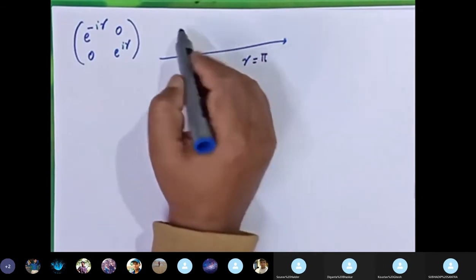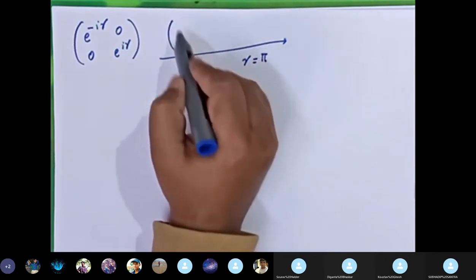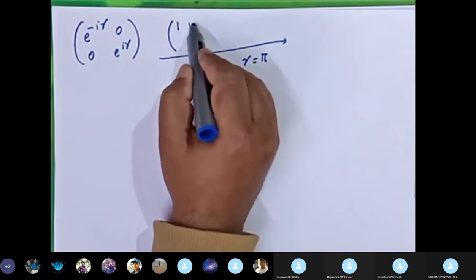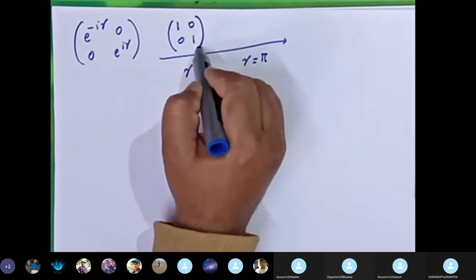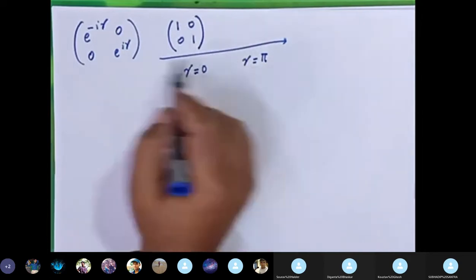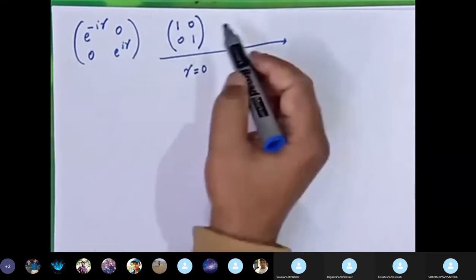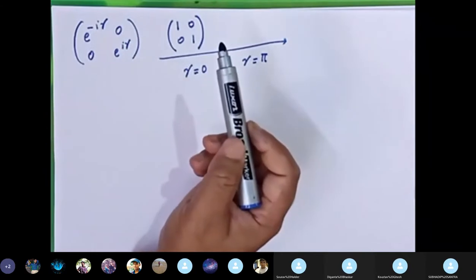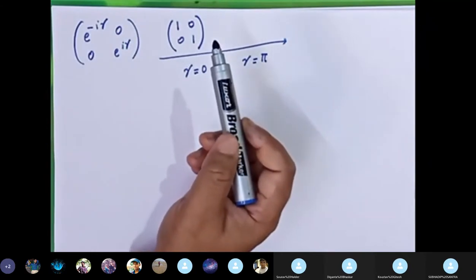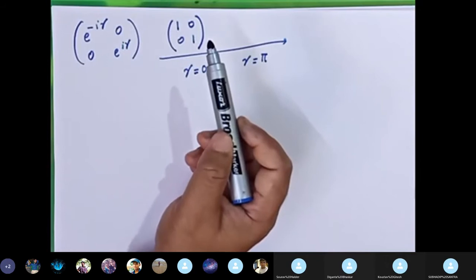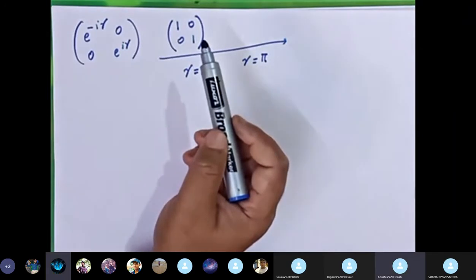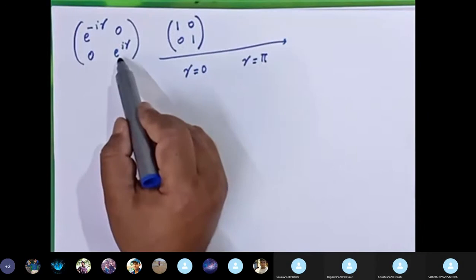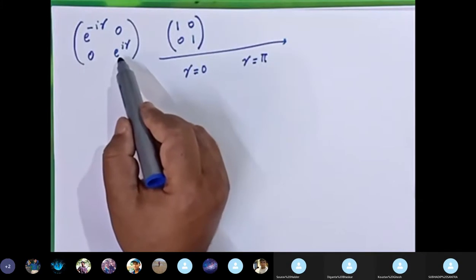For gamma 0 this matrix is 1, 0, 0, 1. For gamma equal to pi, this matrix is e to the power minus i pi. What is e to the power minus i pi? Minus 1. This e to the power i pi is also minus 1, right?